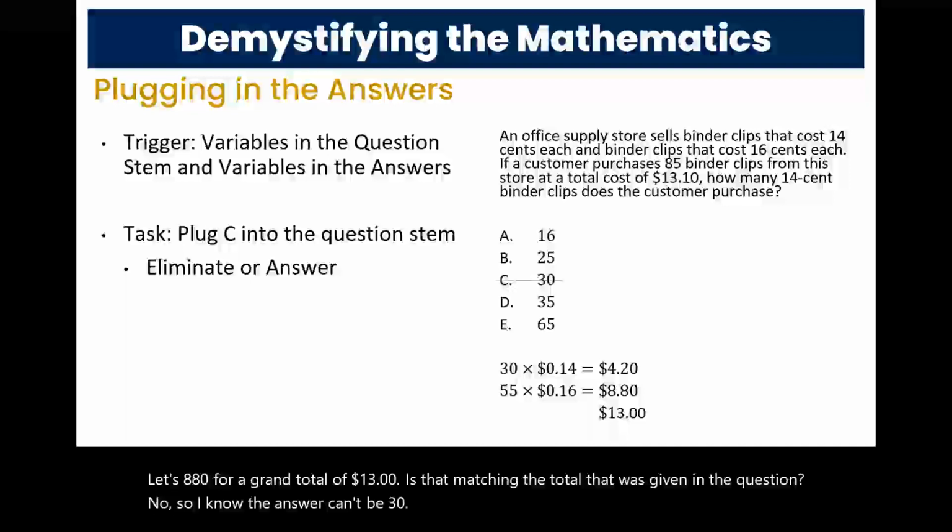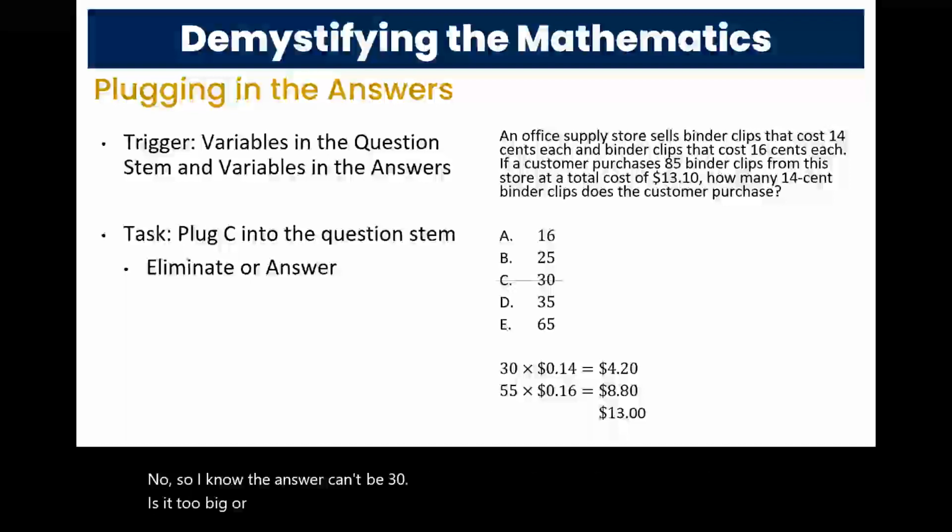Is it too big or too small? It's too small, which means, do I need to have more 14-cent clips or more 16-cent clips?